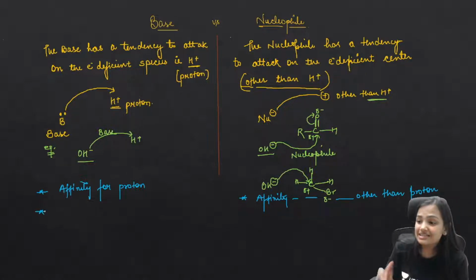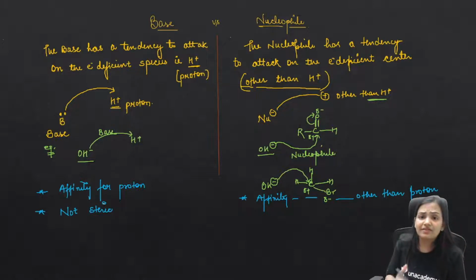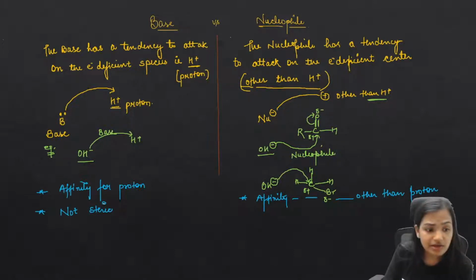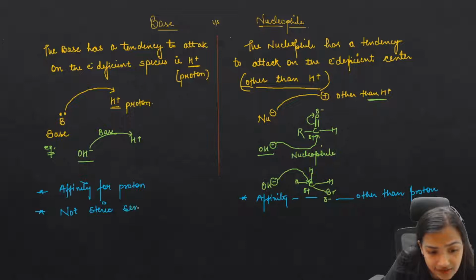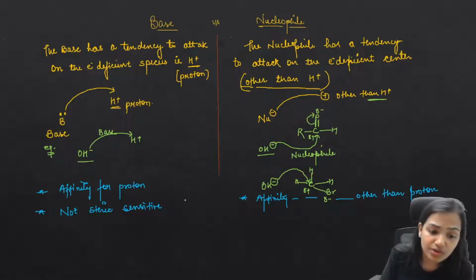Now guys, you know the bases are not steric sensitive, meaning they will not be affected by whether a molecule is sterically hindered or not. Why am I saying that? Either they are bulky or not bulky, it is not going to create any issue.